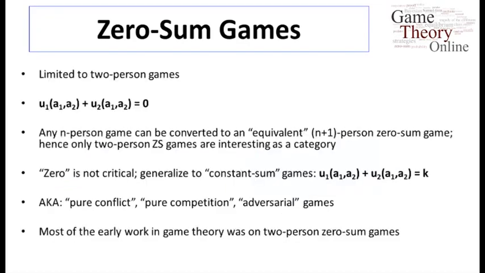From the formal point of view, the situation is also fairly straightforward. We limit the discussion to two-player games, and in a moment we'll say why. We require for each of the two players that the payoffs sum to 0. That is, the payoff of one be minus the payoff of the other. And now we can say why we restrict ourselves to two players, because when you think about it, any general-sum game with no particular properties can be turned into a zero-sum game with one additional player.